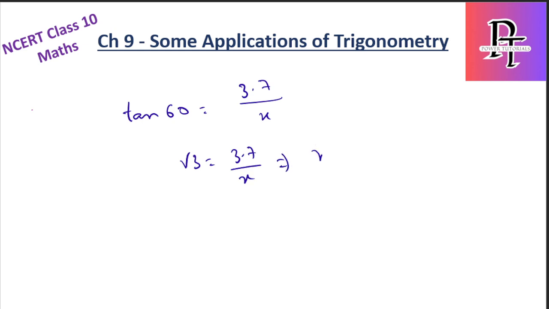So the distance between the ladder foot and the pole foot will be 3.7 by 1.732. The approximate value will be around 2.14 meters. In this way, the second example has been solved.